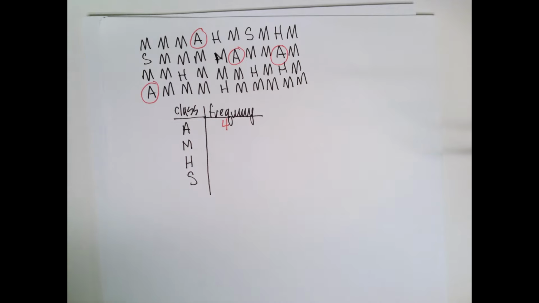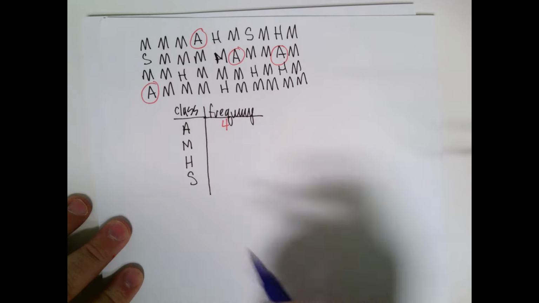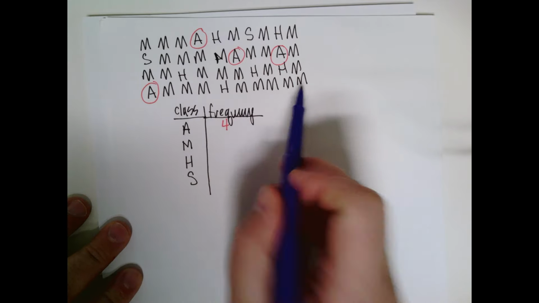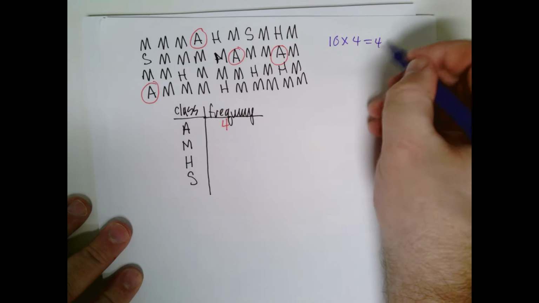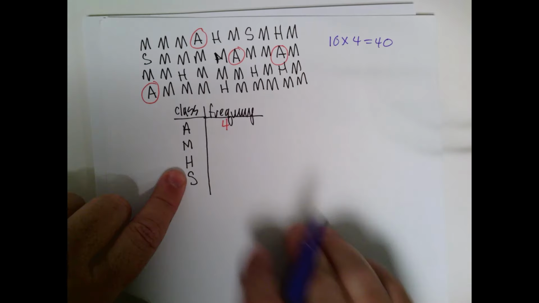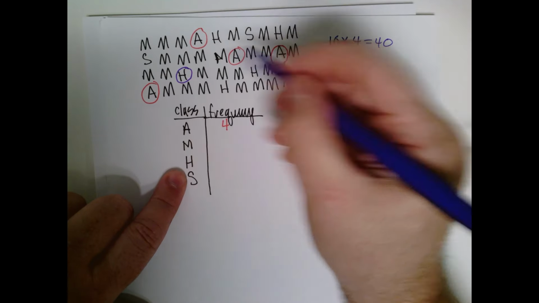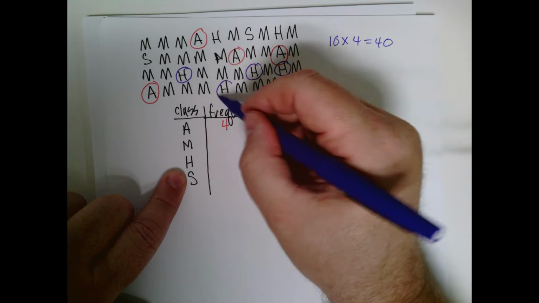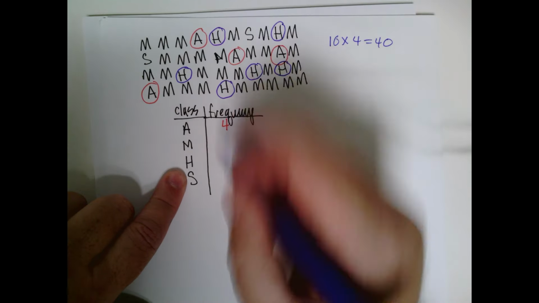Now for our M's, there's a lot of M's. Alright, so it might actually be easier to count the other ones and subtract, since we know there's what, 1, 2, 3, 4, 5, 6, 7, 8, 9, 10, right, times 1, 2, 3, 4. We know there's a total of 40 data points. So if I take my H's, 1 H, 2 H's, 3 H's, 4 H's, 5 H's, 6 H's.